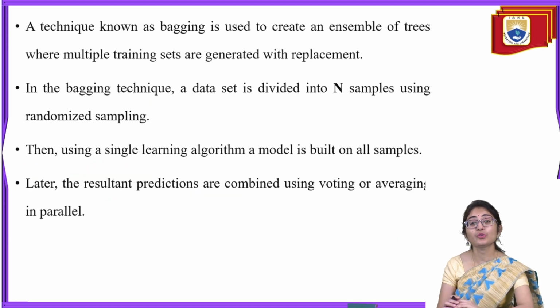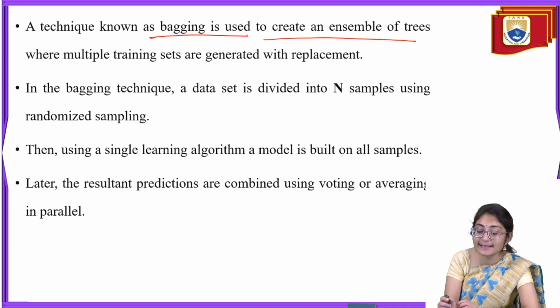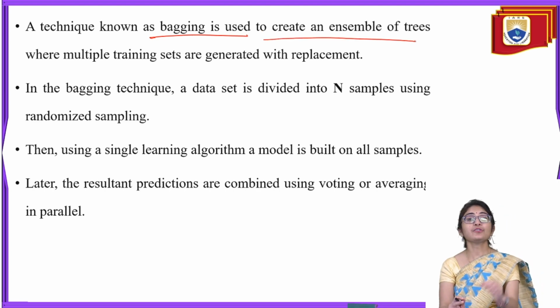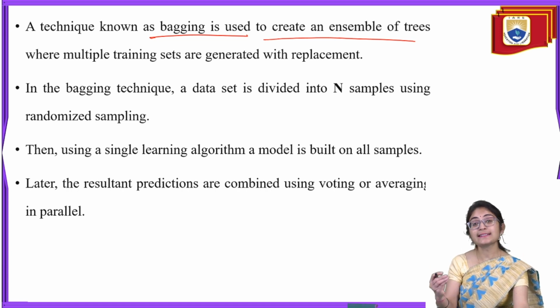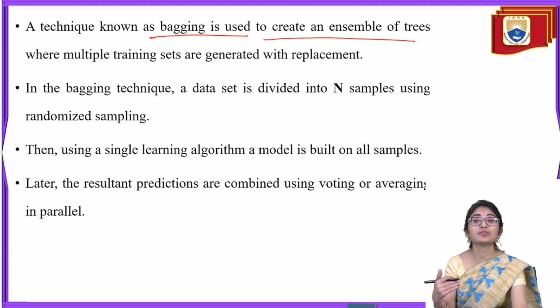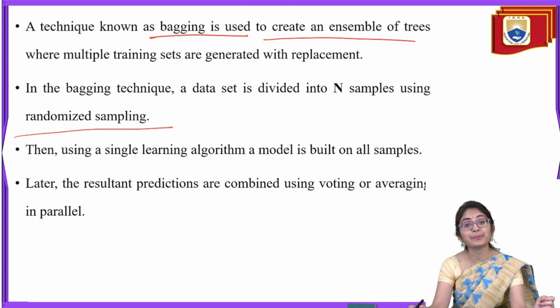And a technique known as bagging is used to create an ensemble of trees when multiple training sets are generated with replacement. In the bagging technique, the dataset will be divided into n number of samples using randomized sampling.